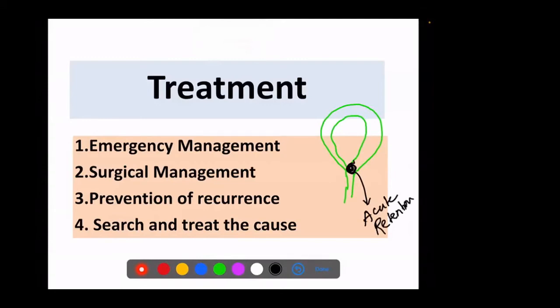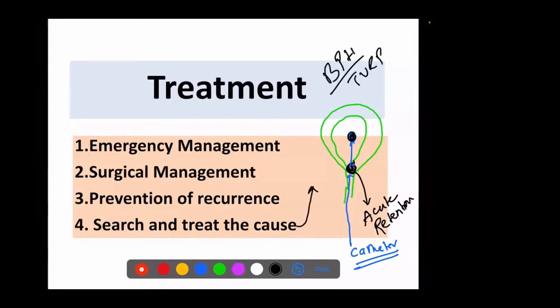So if there's a stone obstructing the bladder neck, the best thing that you can do is pass a catheter immediately, okay, urethral catheter, apply a lot of jelly there, and then push the stone back to the bladder, and then plan for definitive management later on. Okay, so this is what emergency management is.